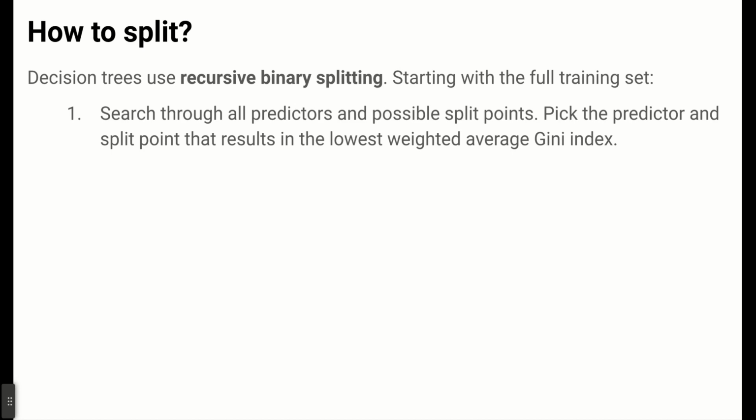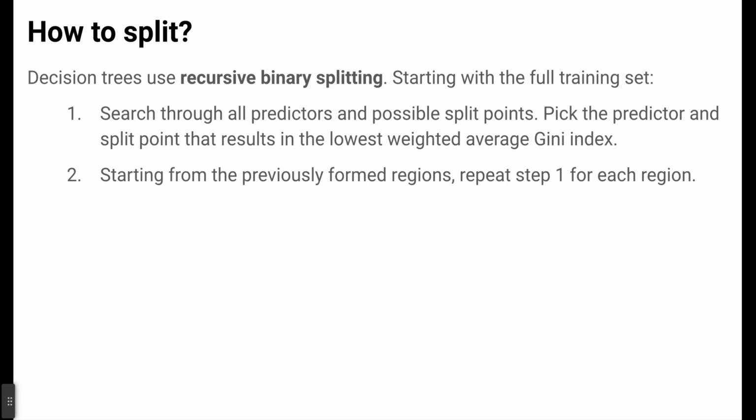This gives us two regions. And we repeat this process for each of these two new regions. That is, for each of these regions, in which a certain subset of the cases is filtered through, we again find the best predictor and split point. This process is repeated over and over to continually split the data into more pure subsets according to the weighted average Gini index.